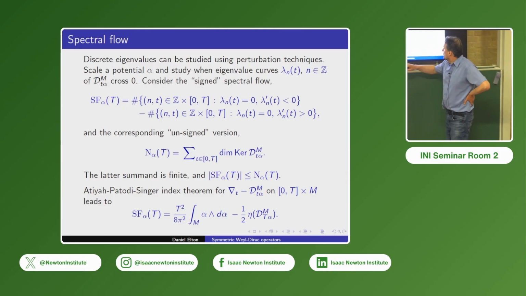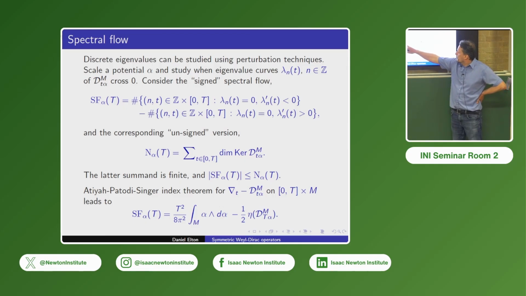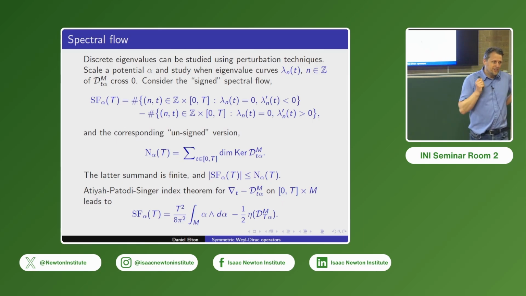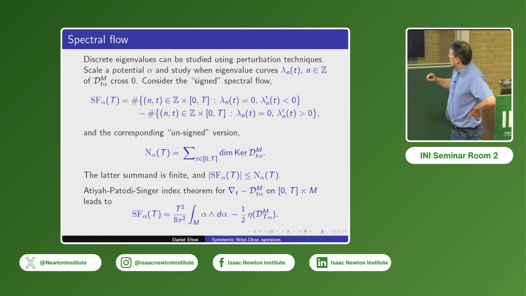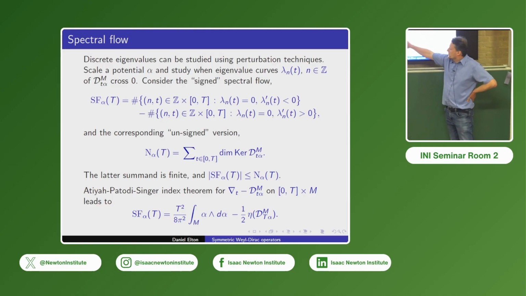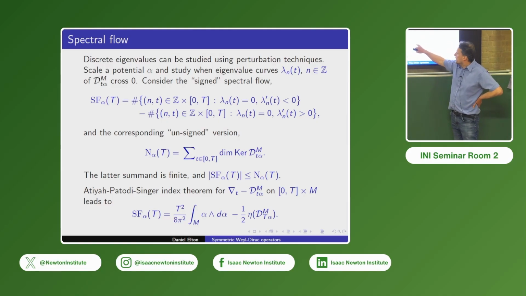So the operator you want to look at, it's actually on a 4-manifold, so you add in a time variable, or the scaling variable, d by dt there, and then subtract off this scaled version of the Dirac operator. That thing is actually elliptic because this operator here, the symbol is essentially purely imaginary, and this one here is Hermitian. So somehow that makes that thing elliptic on this 4-manifold.